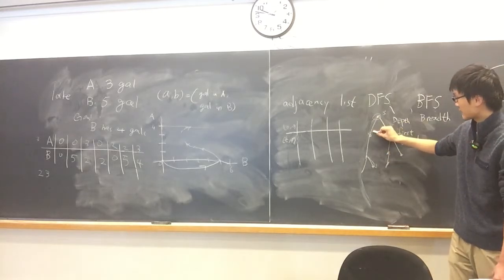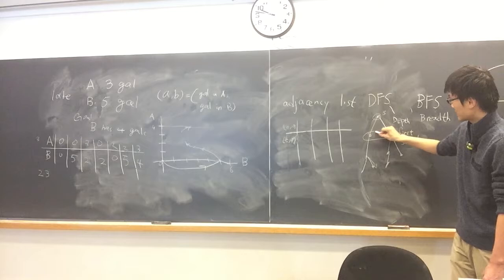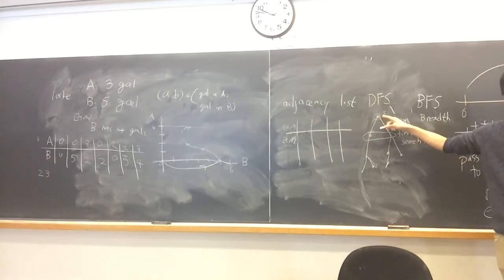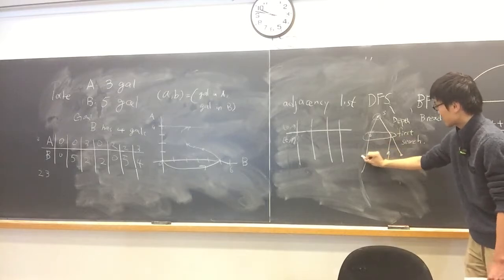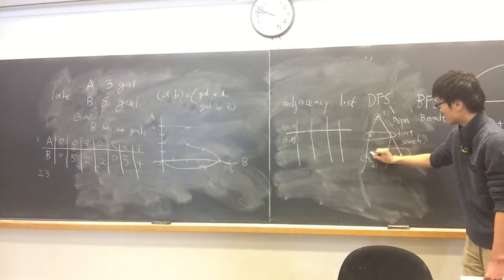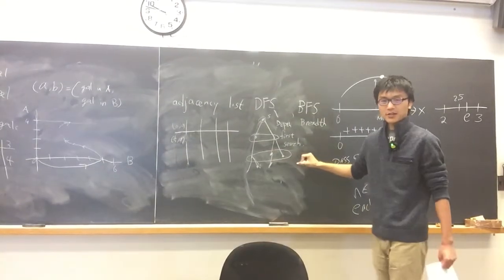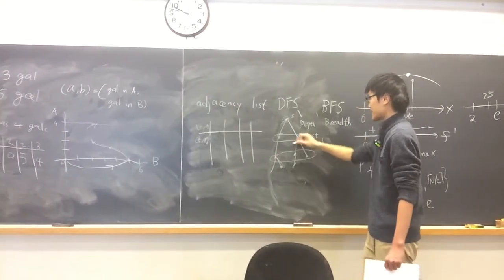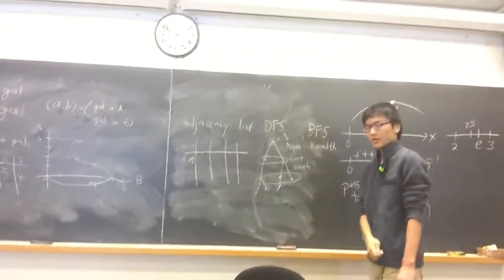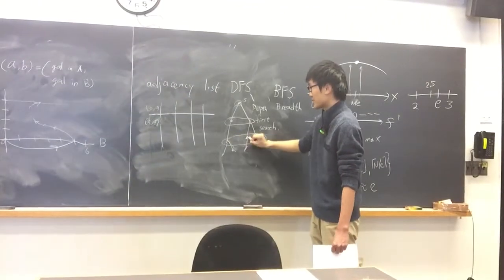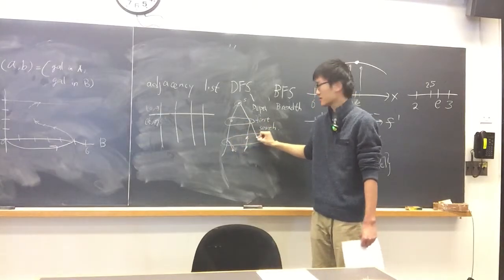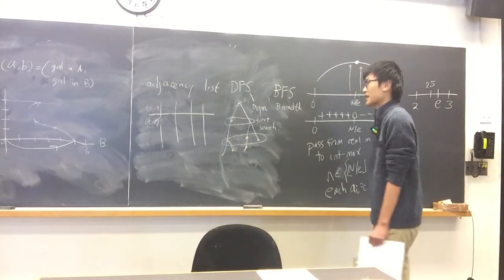So that's like everything that's a distance d from the starting point. So we're gonna go to here, and then next we explore those. So the good thing is we never get stuck in any solutions. But the problem is we're using too much memory for this, because we have to store all the vertices. So that's the two algorithms we have.